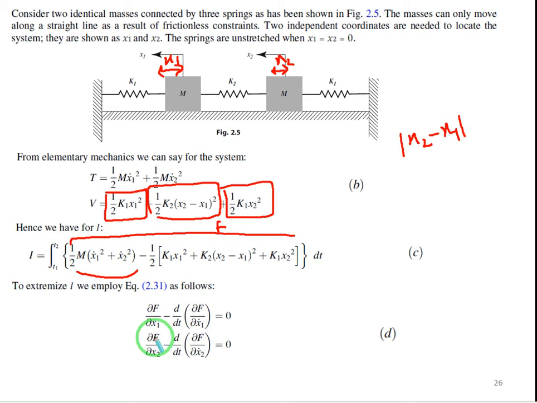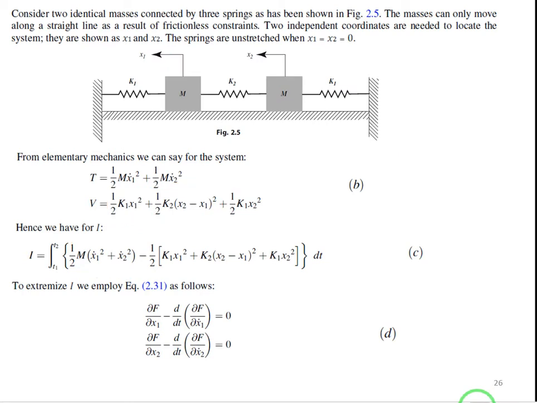And the partial derivative of f with respect to x2 minus d over dt of the partial derivative of f with respect to x dot 2 is 0. You can do the derivation by yourself. It's very easy and straightforward.